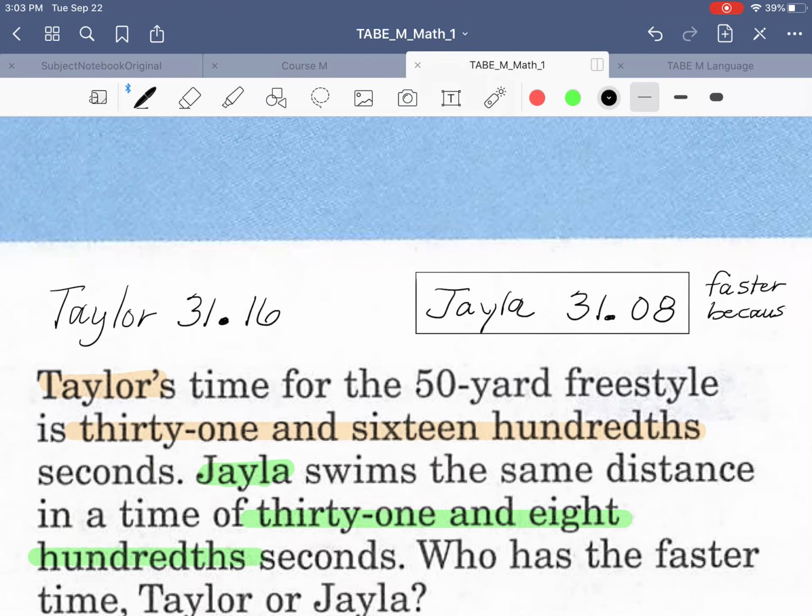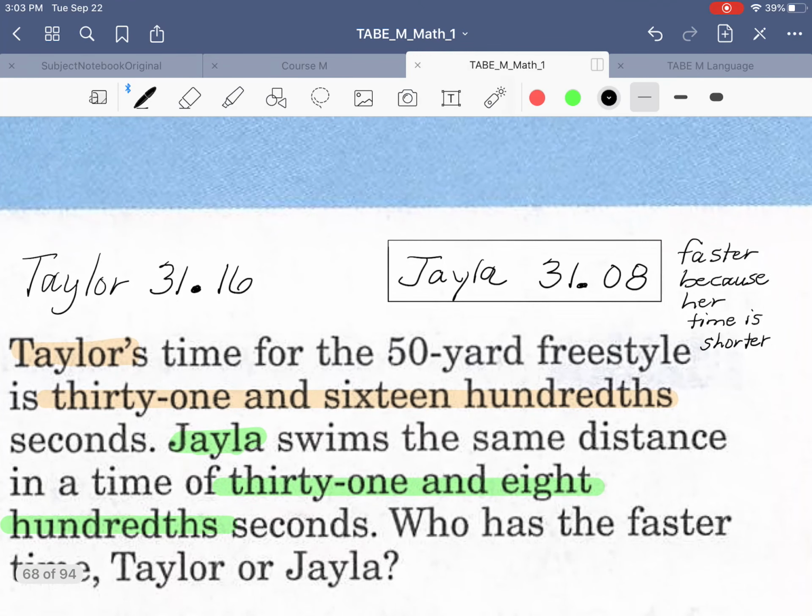And I know that's a little bit strange, at least to me. It's sort of a contradiction of terms. We normally think of the bigger amount being better, but if you're swimming, the shorter time is better. So the sentence that I would want to say is that 31.16 is greater than 31.08.